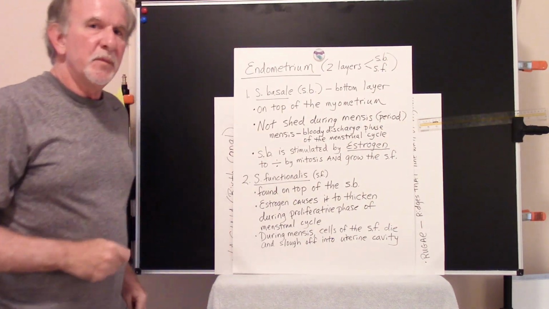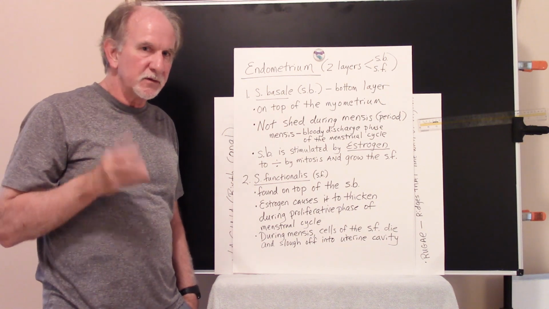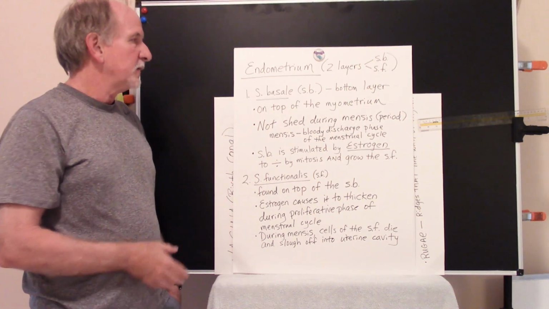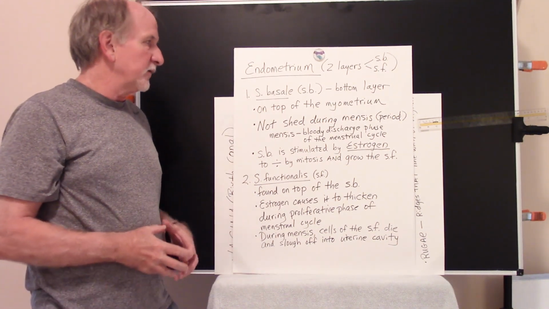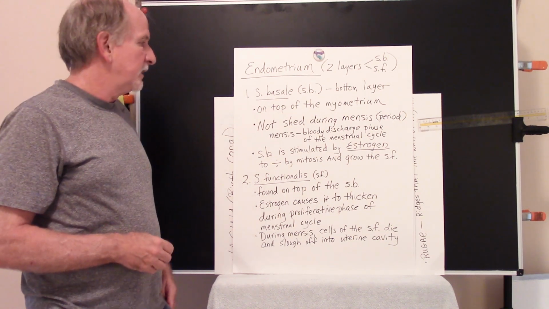So we're going to talk a little bit more about the endometrium. And the endometrium consists of 2 layers: the stratum basale and the stratum functionalis. The stratum basale is the base layer, or the bottom layer, and it sits on top of the myometrium.